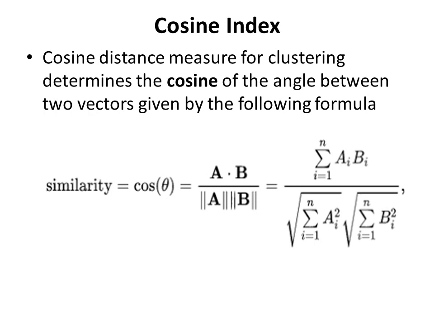Similarity of 2 points equals cos theta equals a dot b divided by the absolute value of a into the absolute value of b, equals summation of i equals 1 to n ai into bi divided by the square root of summation of i equals 1 to n ai square into the square root of summation of i equals 1 to n bi square.